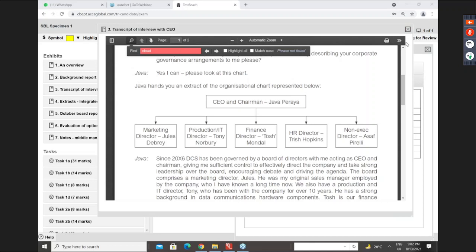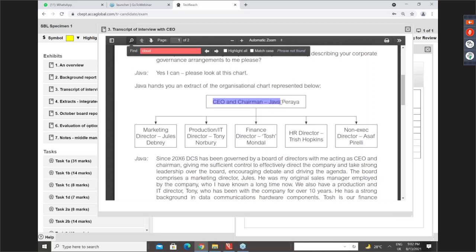Very good. So what's the first weakness, the biggest weakness you can see here? Very nice. So the first weakness is that the role of CEO and chairman is being done by the same person, Mr. Java.